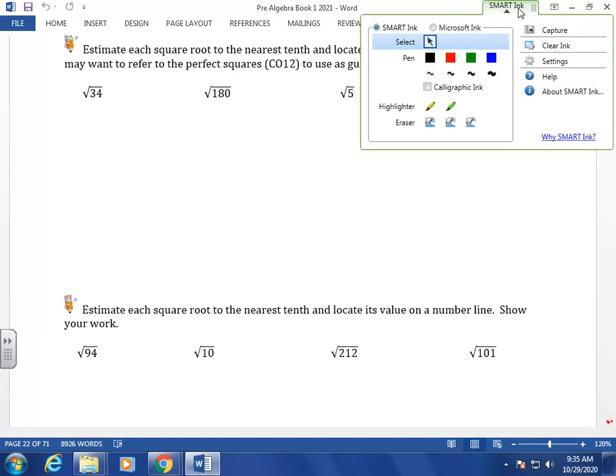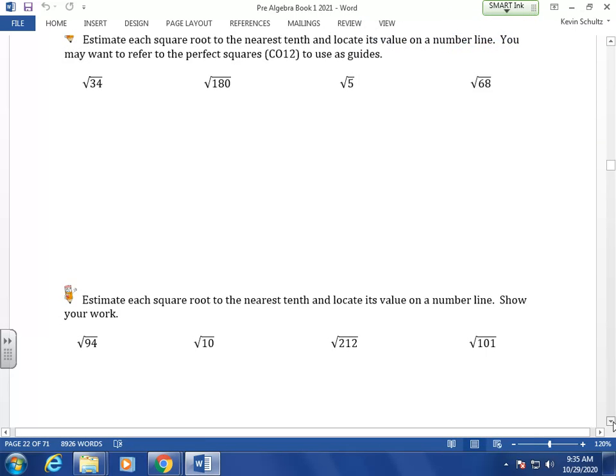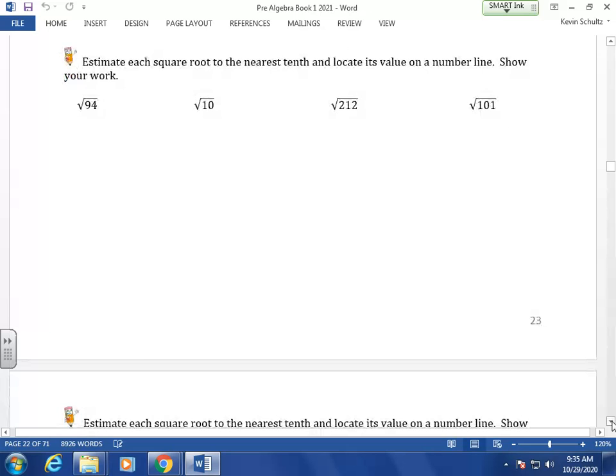Note it does say to show your work. Okay. So you need to be showing me the perfect squares on both sides of it, just like we did in the examples. Okay. I need to see that. So for root 94, show me your root 81. Show me your root 100. Show me that root 81's 9. Show me root 100's 10. Okay, show me which one it's closer to. 94 is closer to 100.